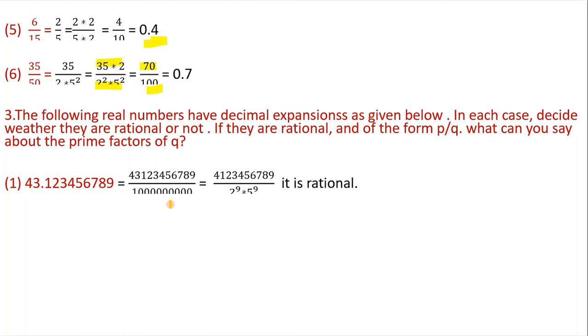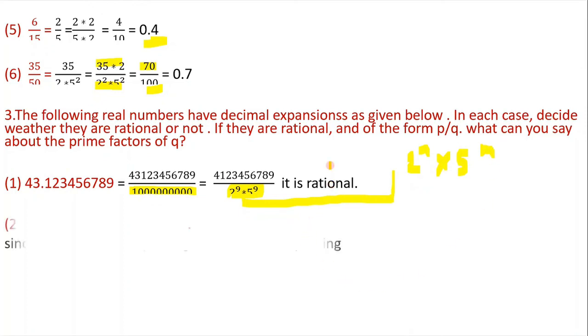So for balancing this equation, I am doing prime factorization for 10 power 9, so that it becomes 2 power 9 into 5 power 9. So we can clearly say that it is in the form of 2 power n into 5 power m. Hence it is called a rational number, right?